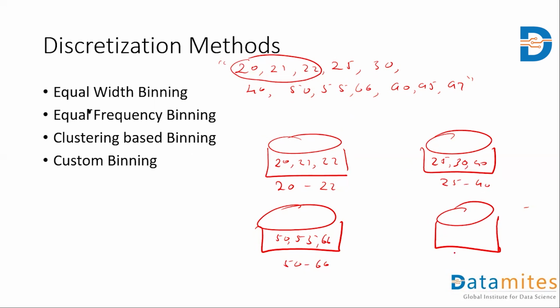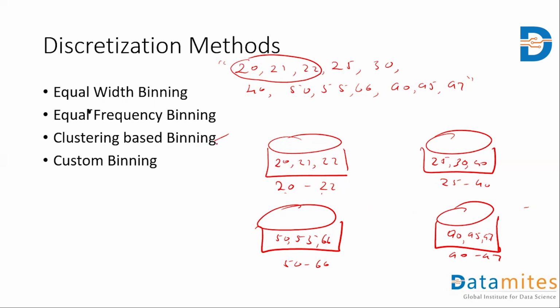And finally, 90 to 97 is going to be this. Right? So over here, we have achieved one thing, that each of the bins has an equal number of members, but you would see we have disruption when it comes to the width of the bin now. Previously, we had equal width. In this case, we have equal frequency. Now, this is also one of the methods of doing discretization, right?